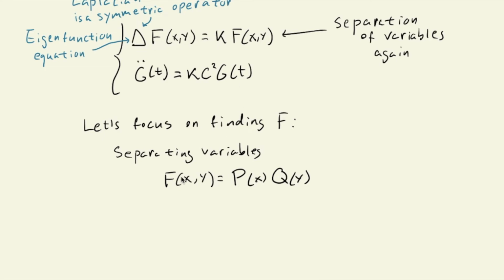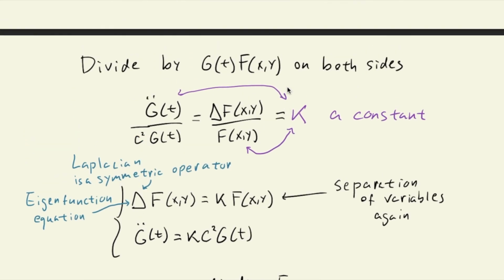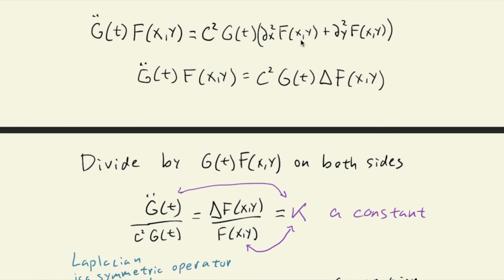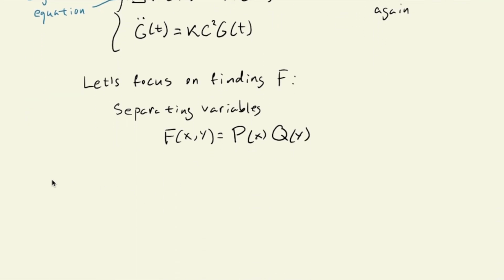All right. So you look at this equation. The Laplacian, remember, is the sum of second derivatives. Here's what the Laplacian is. So what is the Laplacian of f? That's partial x squared f plus partial y squared f. But now if f has this shape, when you take the second derivative in x of f, it only takes derivatives of p.